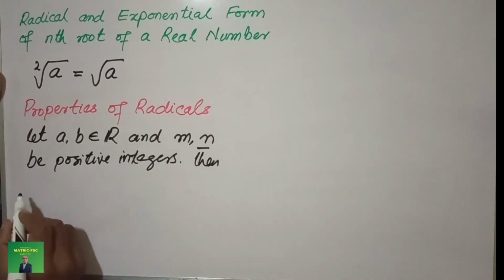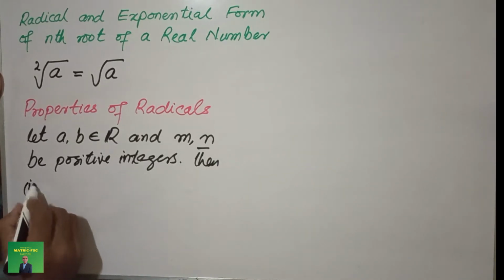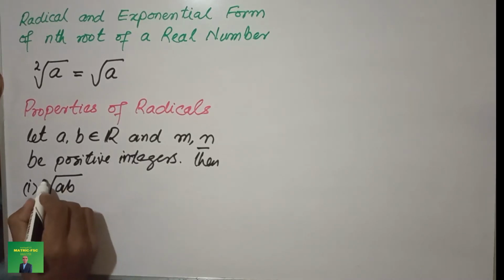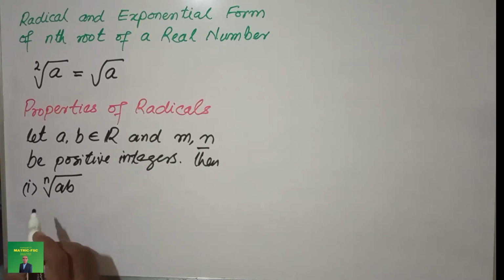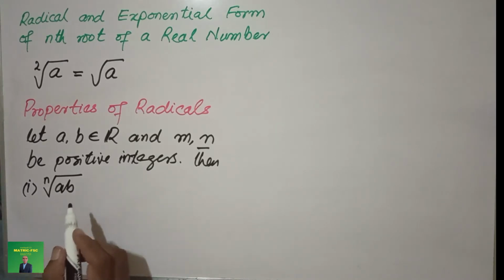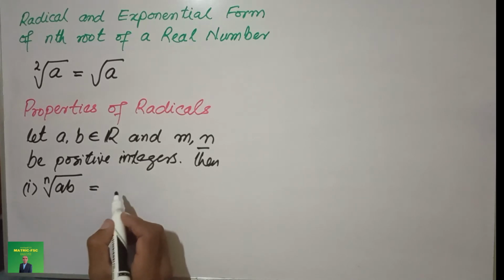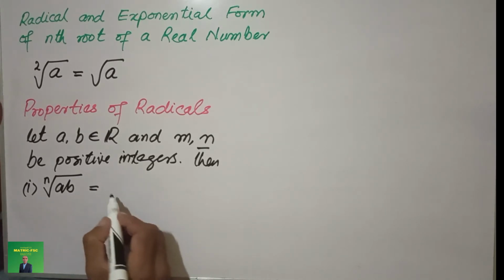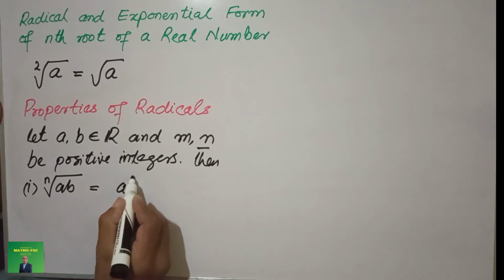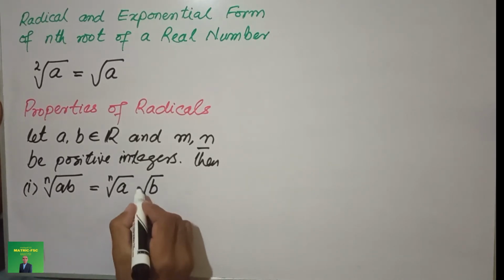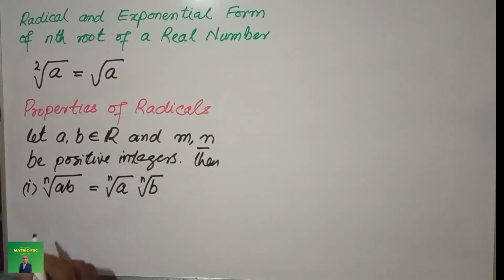Then we have the first property: the nth root of the product ab can be written as the product of the nth root of a and the nth root of b.